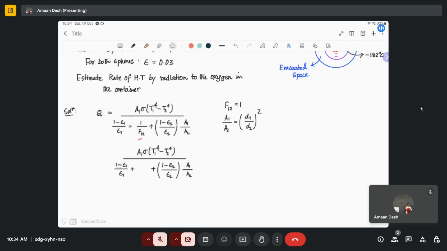Here also we have 1 divided by epsilon 1 minus 1, plus 1, plus this term, which will now be d1 by d2 square.